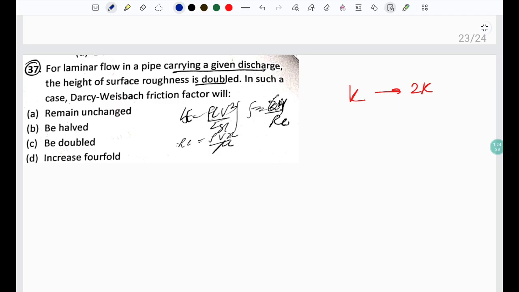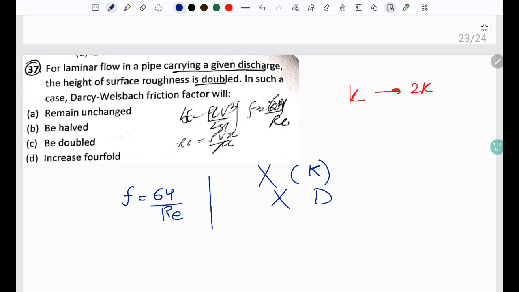So one has to understand the concept that as long as we are in the laminar flow, the friction factor is given by 64 by Re, and this Re in laminar flow is not dependent upon the pipe wall roughness K or dia of the pipe.